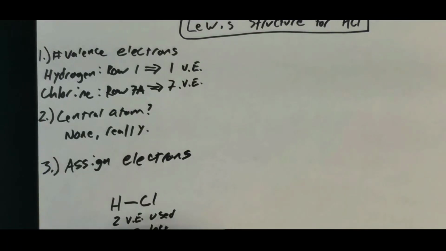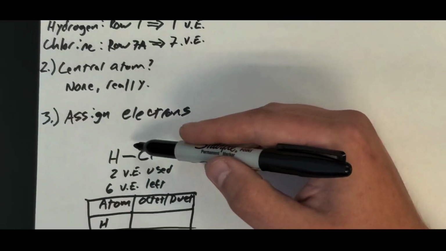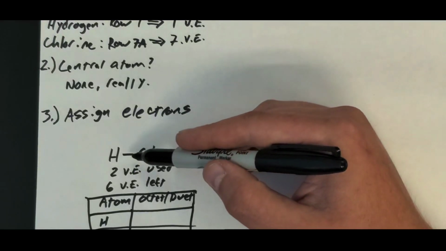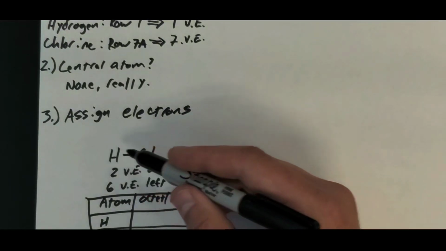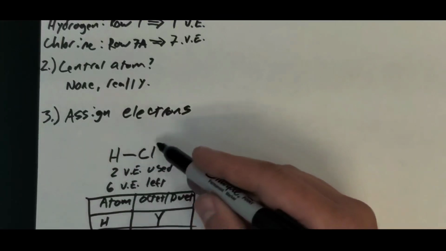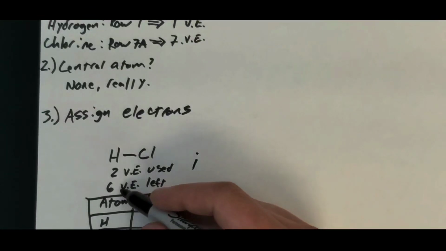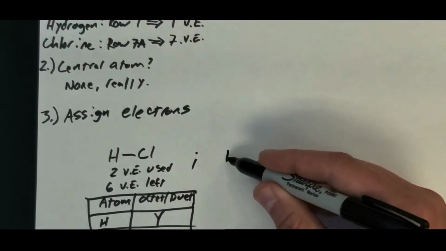We'll check the octet or duet rule. So this bond counts for 2 electrons. So hydrogen is satisfied, its duet rule is met, but chlorine needs an octet rule, so we need to assign the rest of these valence electrons.